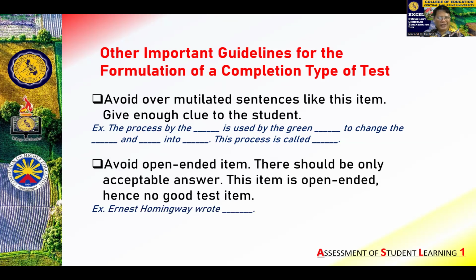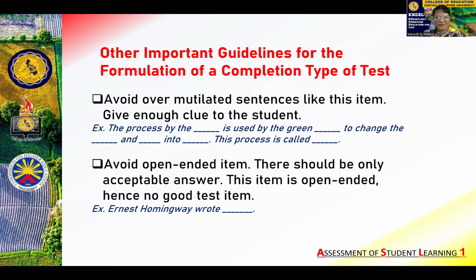Okay, avoid open-ended items. There should be only one acceptable answer. Okay, this item is open-ended, hence no good test item. For example, Ernest Hemingway wrote blank. Supposing this Ernest Hemingway is an author and he has published, probably, or unpublished three books.